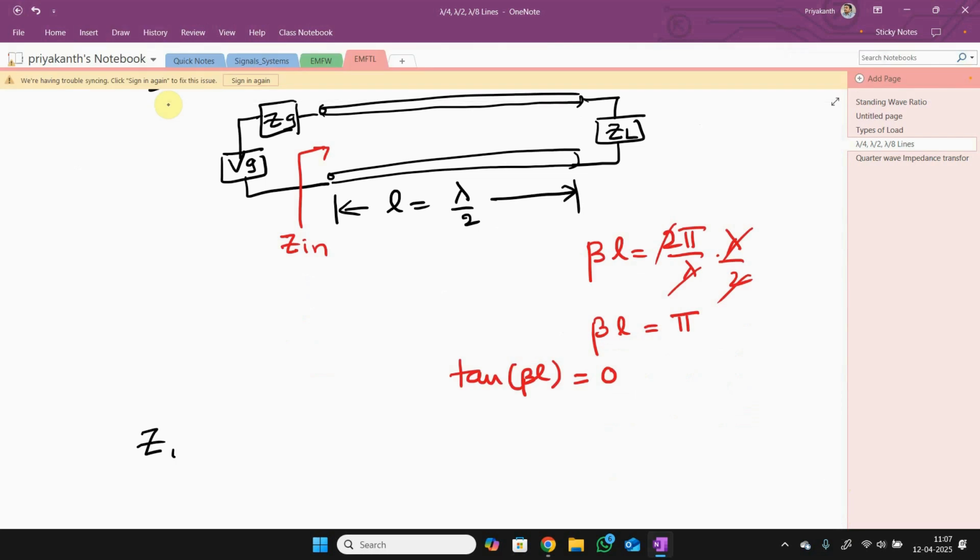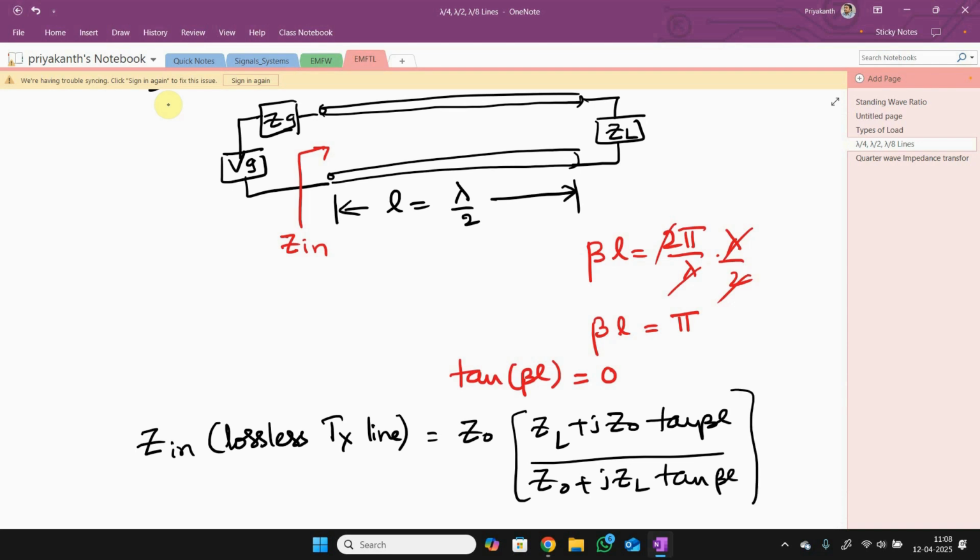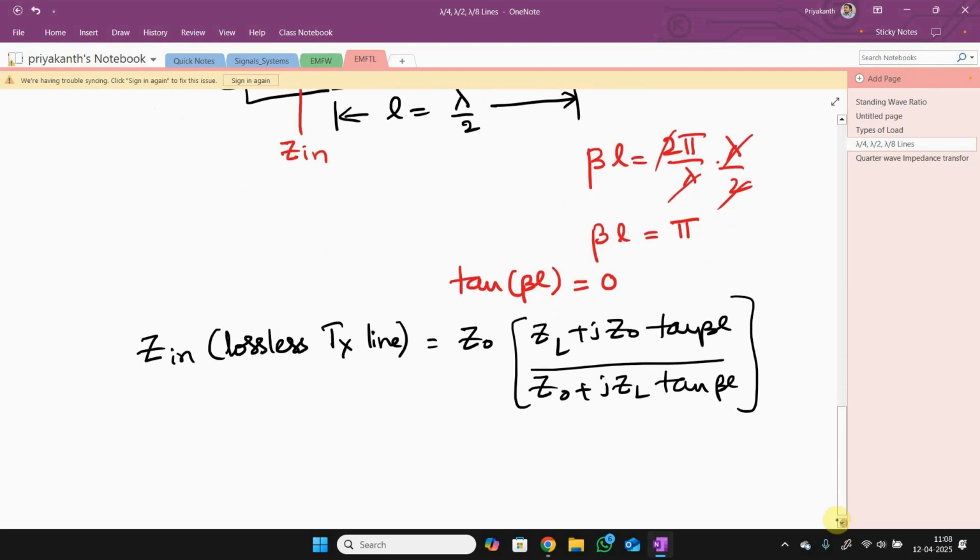So Zin for a lossless transmission line, just write the formula: ZL plus jZ0 tan beta L by Z0 plus jZL tan beta L. Tan beta L is 0.